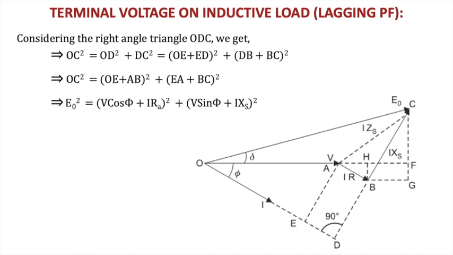So substituting the values, your E square will be equal to (V cos phi plus IRA) square plus the sine components, that is the quadrature components, (V sin phi plus IXS) whole square.